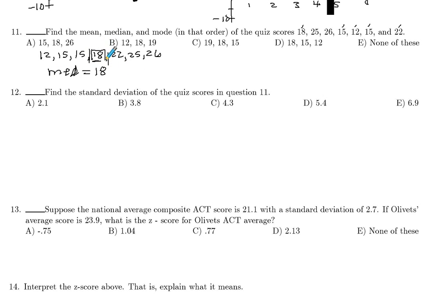Right there. And then let's see, our mean x bar, we're going to add them up and divide by 7. So it's just going to be 12 plus 15 plus 15 plus 18 plus 22 plus 25 plus 26, and divide everything by 7.